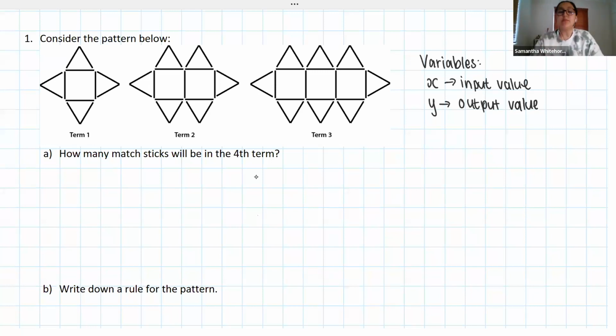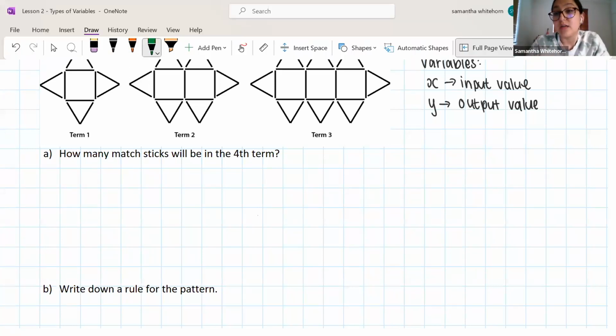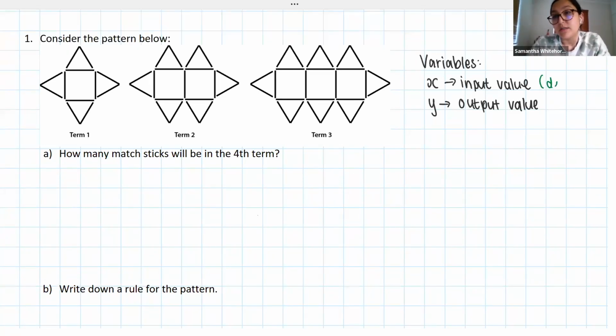An input value is a number that we pick or that is given to us, and we apply a rule to it in order to get a corresponding output value. If you enjoy life sciences or natural sciences, the input would be our independent variable, X.